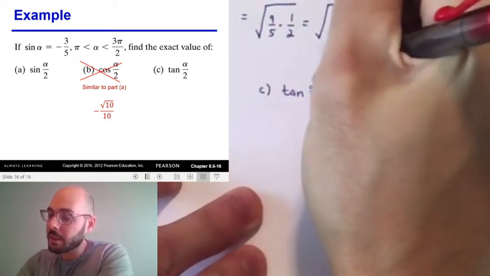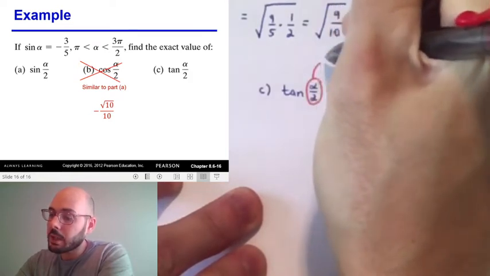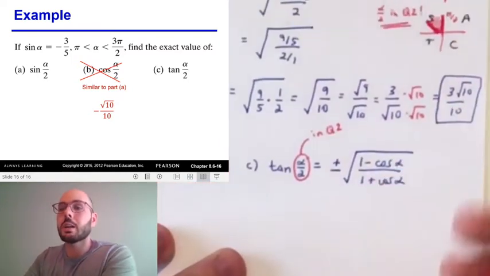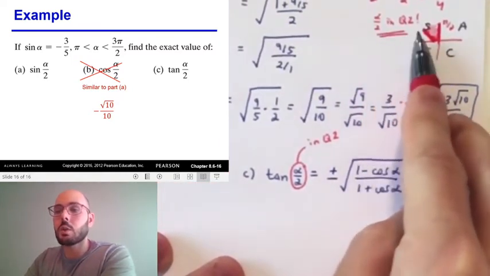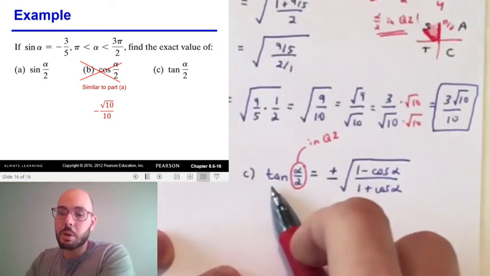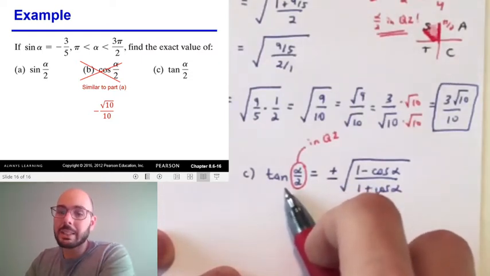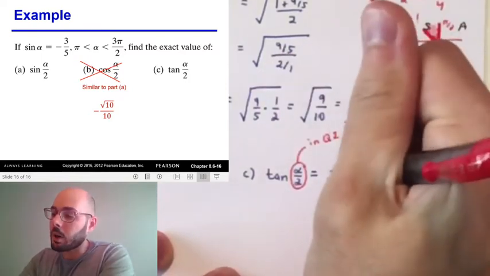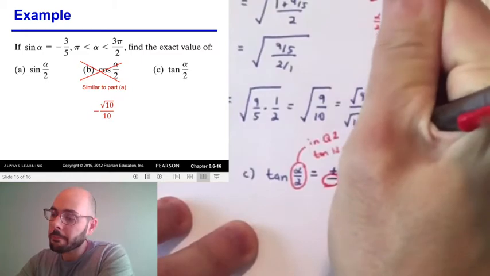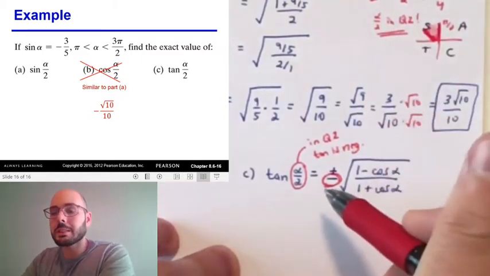So as a reminder, alpha over 2 is in quadrant 2, and we discussed that right here. Alpha over 2 is in quadrant 2. We're dealing with tangent in part C. Tangent is negative in quadrant 2. So the answer to this part C should be negative.